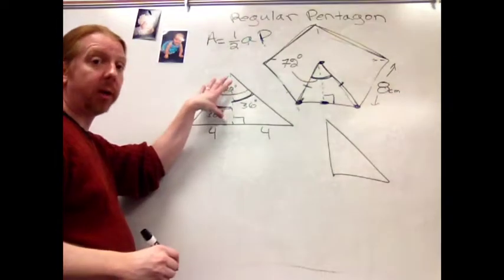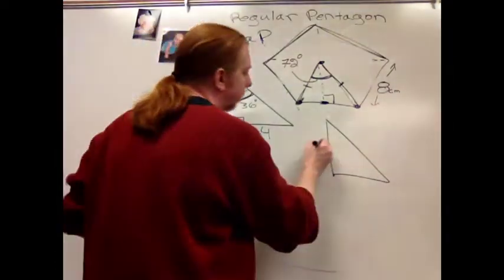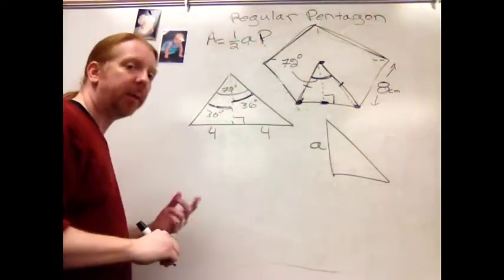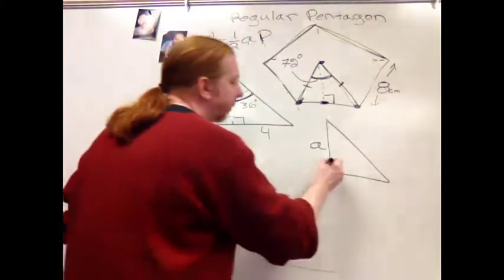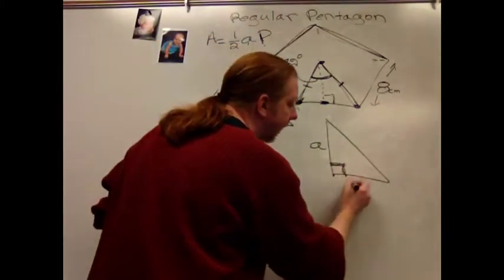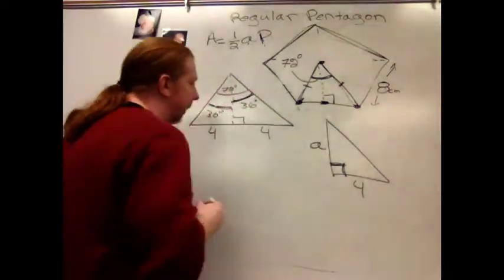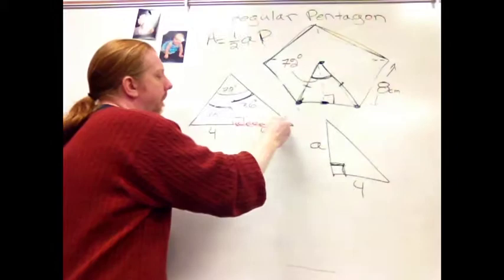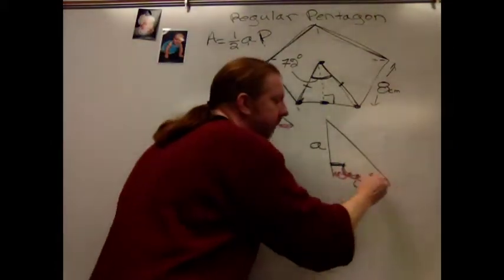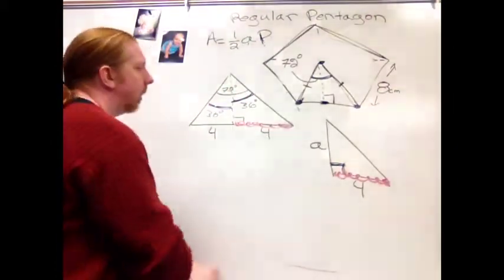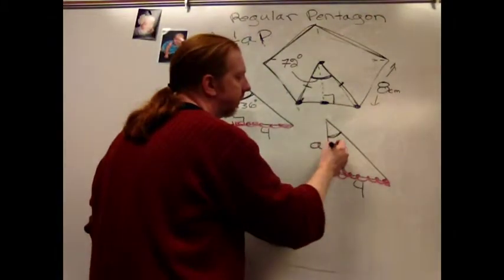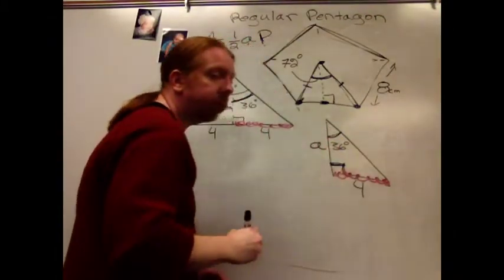The apothem is what I want to come up with. So I'll make a note that I'm looking for that apothem. That's a right angle. That's 4. Again, that's this distance right from here, moved over to here. This angle, 36 degrees.